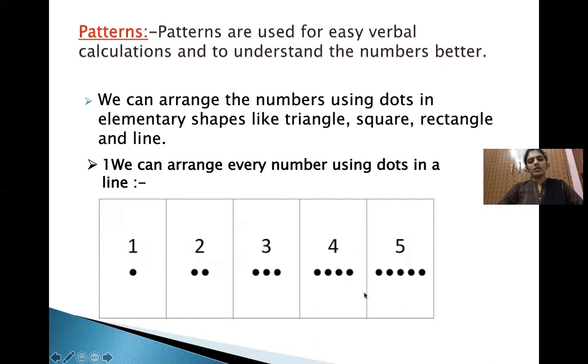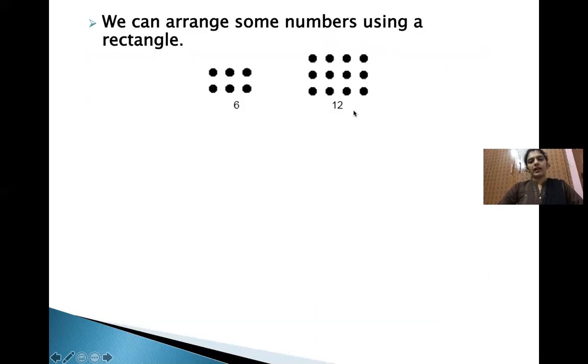We can arrange any number of dots in the form of a line. For a rectangle, we cannot use prime numbers because they are not the multiple of any number. They are only multiples of themselves.